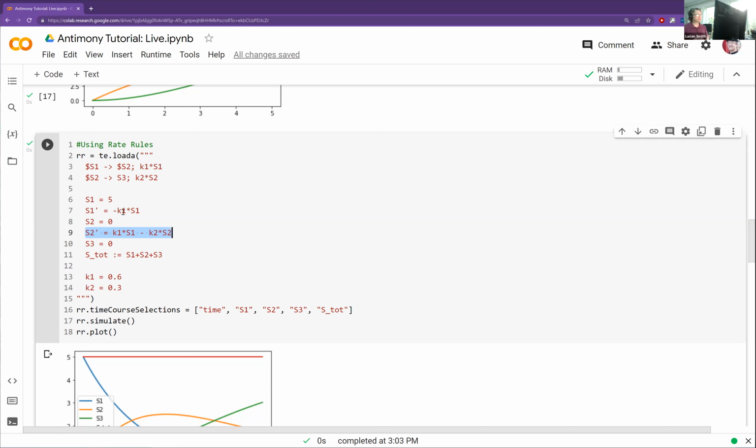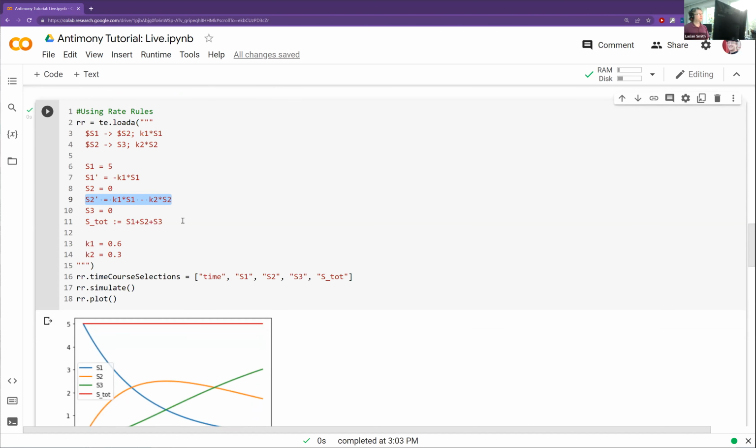But sometimes there's nothing for it, or sometimes something is being controlled by a different force entirely other than reactions. You just have to say, all right, this is how it is changing in time, or I'm going to make an assignment rule for it instead. Any questions about rate rules?